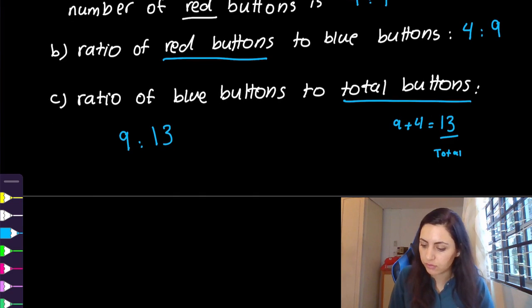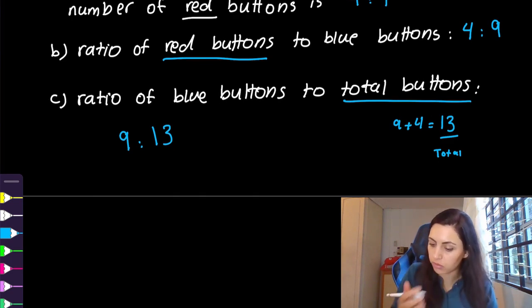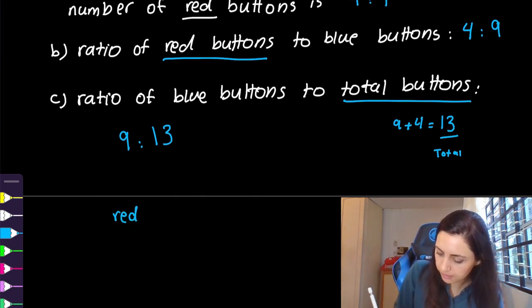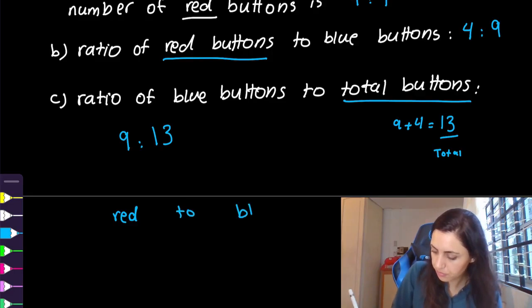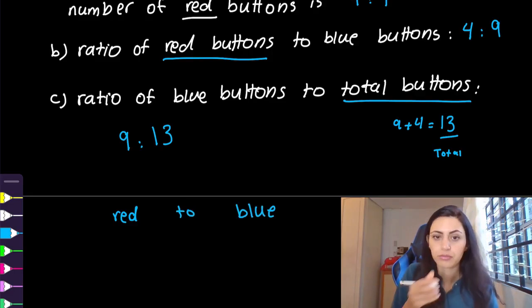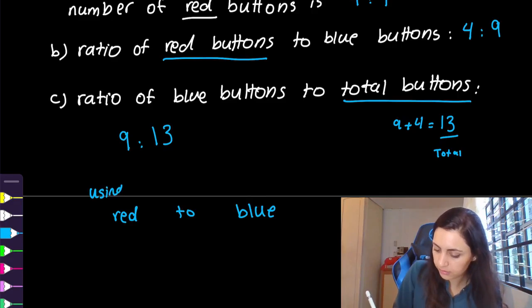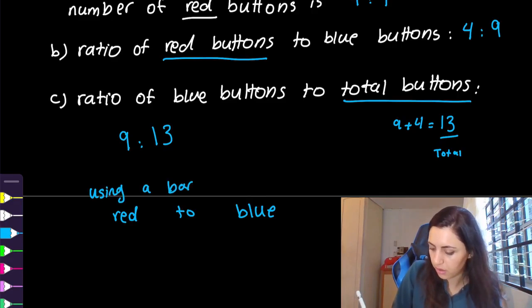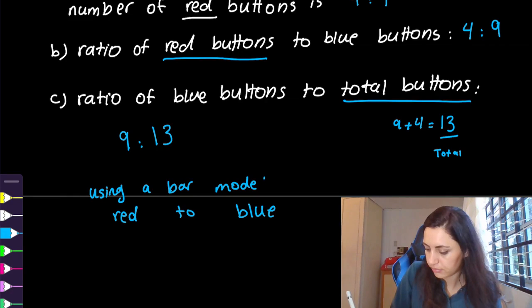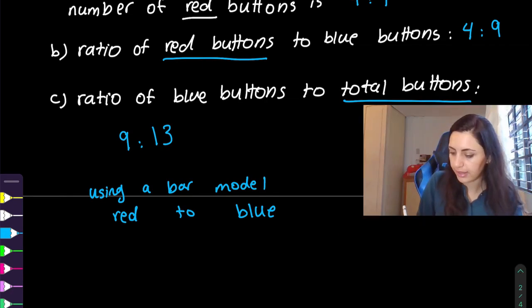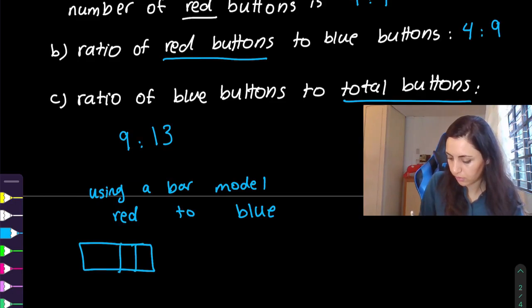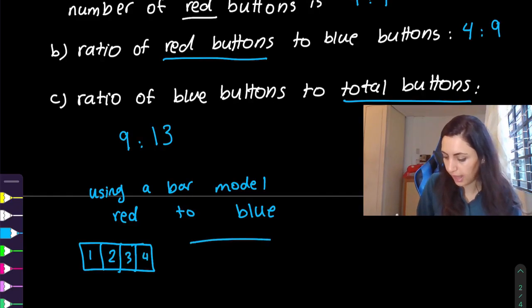Now it's going to ask us, for example, to show it in a bar model. If it's asking to show red to blue using a bar model, then we have 4 red, 1, 2, 3, 4, and 9 blue.